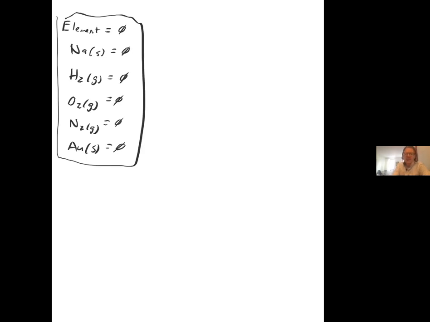Okay, let's see. Let's take a look at recognizing oxidation reduction. Okay. So let me create a new screen. So this is called recognizing reduction and oxidation.